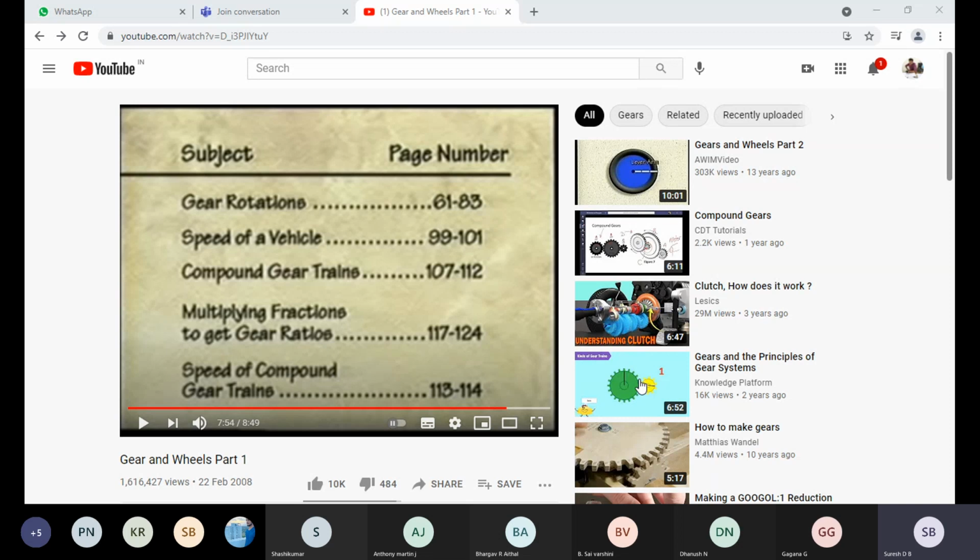Also, without increasing the gears, you can decrease the diameter of one of the gears, which automatically increases the gear ratio of that particular gear train.